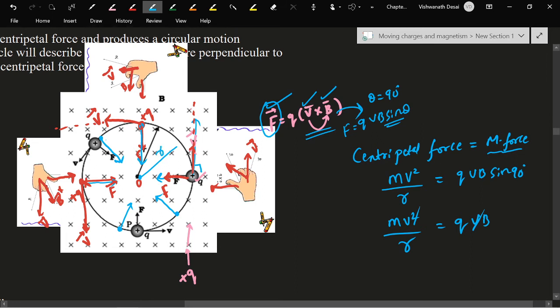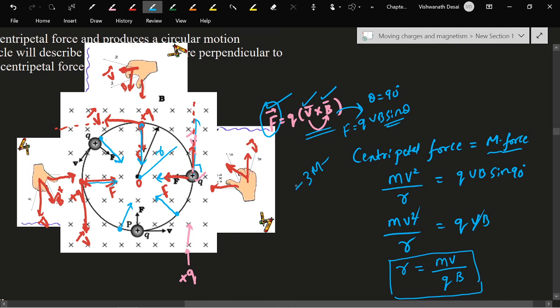The radius of the circular path is given by r is equal to m v divided by q B. So this is the radius of the circular path, and this is a 3-mark question.